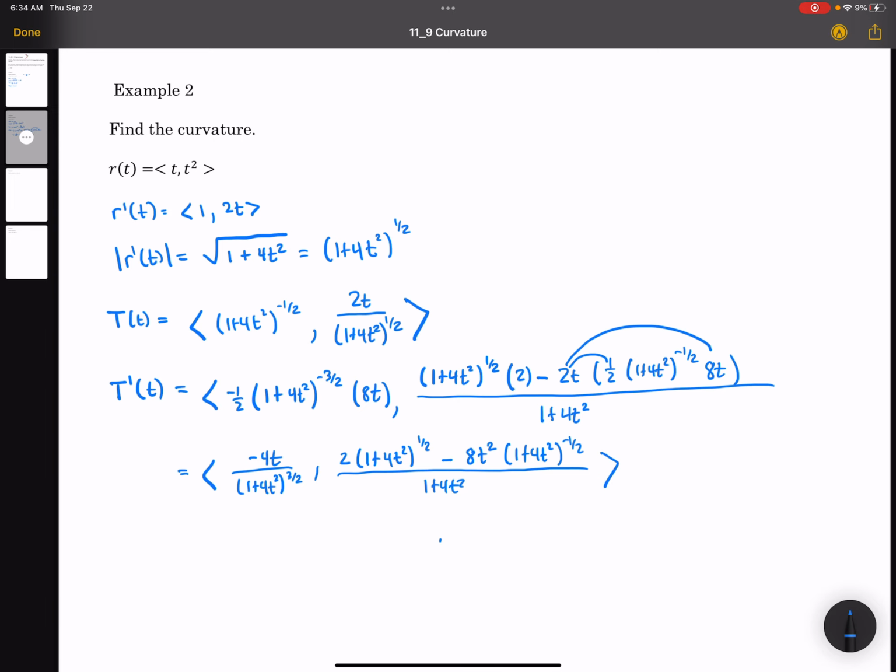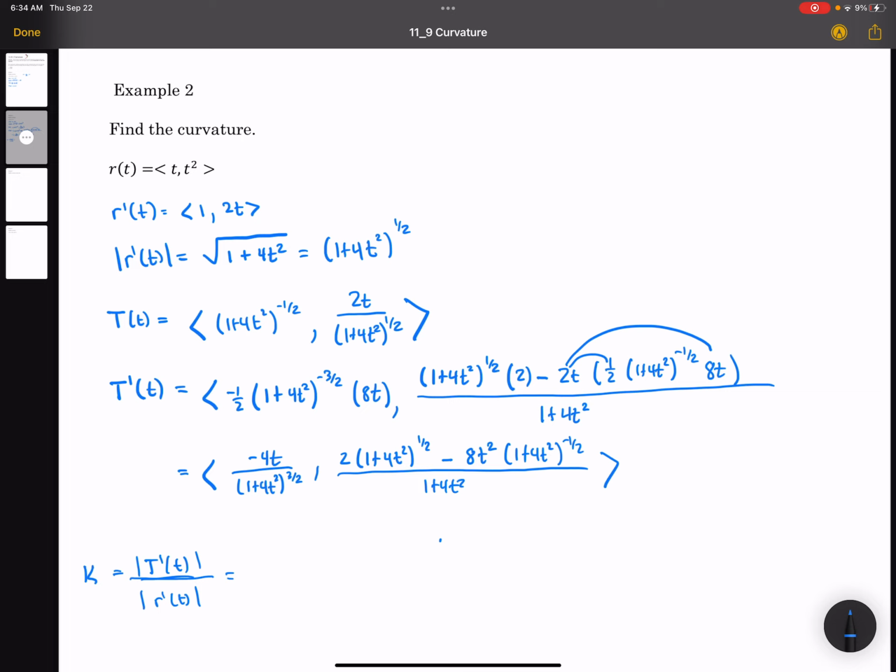Now we could simplify a little bit further. Just so we're clear, that's our derivative of the unit tangent vector. So our curvature is going to be the magnitude of T prime of t divided by the magnitude of r prime of t, or the speed.